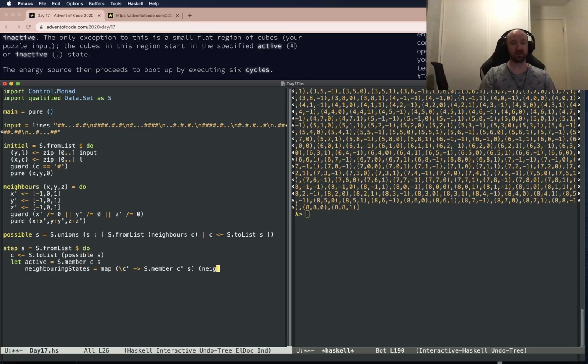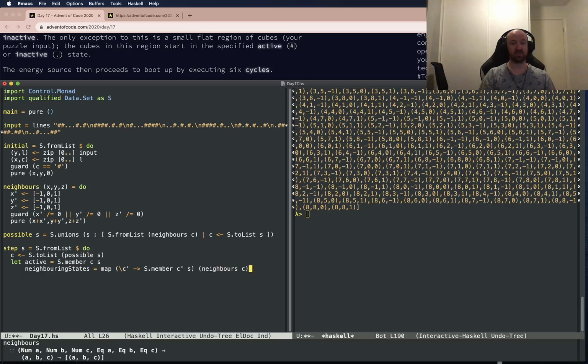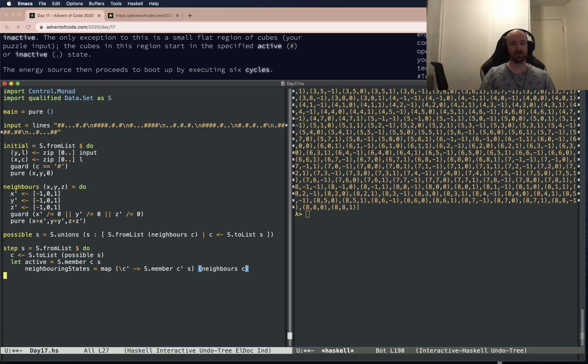For all of neighbors of C. And then N, let that be the number of these that are active. Hang on, I think we should just call that in. Because this is just all trues and falses, right? So it's just length filter it. Right, so that should tell me how many of the neighboring states are true.